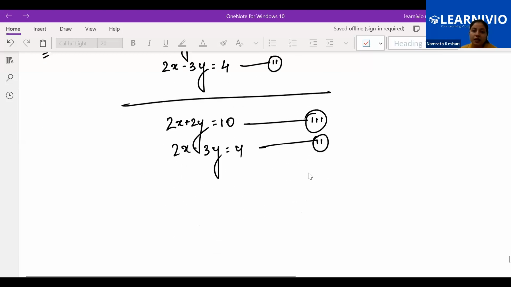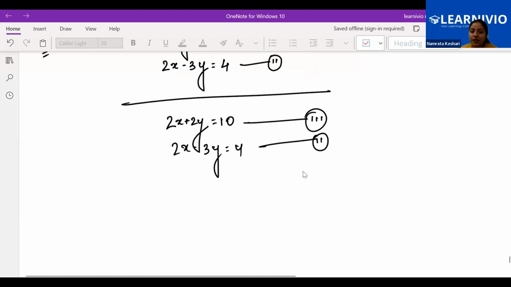Yes, Diana, do we need to subtract these 2 equations? Yes, ma'am, exactly. We need to subtract these 2 equations. So by subtracting these 2 equations, we will be able to get the value of y. Once we have our y, then we can substitute y in any one of the equations, then we will get x.